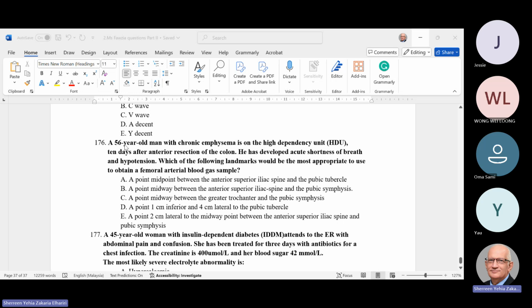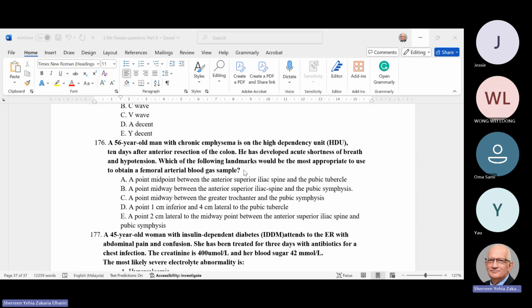A 56-year-old man with chronic emphysema in HDU, 10 days after anterior resection of the colon, developed acute shortness of breath and hypotension. Which of the following landmarks would be most appropriate to use to obtain a femoral artery sample?